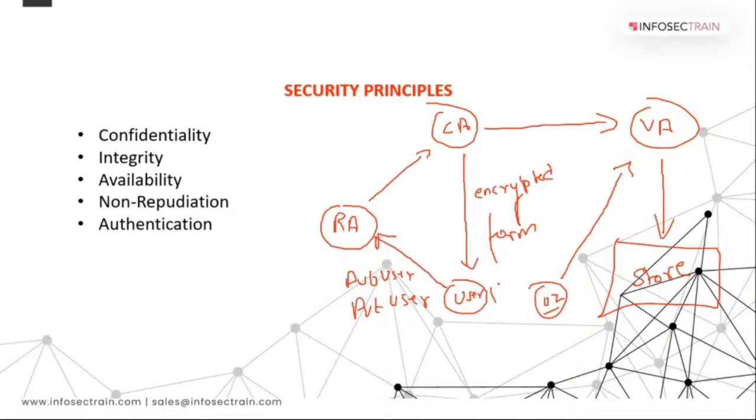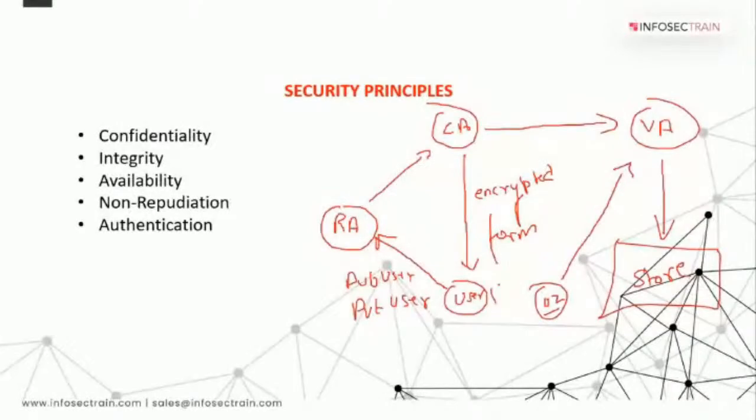If he is authorized, authenticated, if I will be able to communicate with him or not, right? Now the validation authority will check its database and will reply back that yes, it is a valid, legit user. You can communicate with this particular user, right?